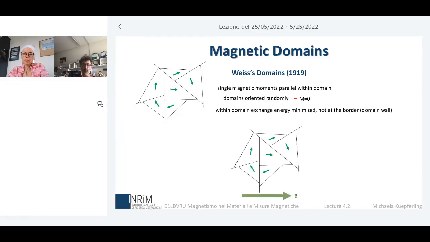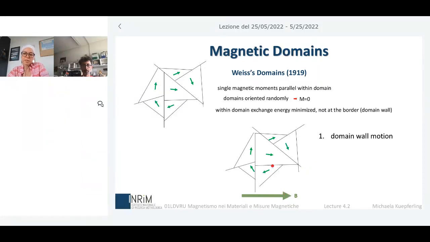If now we want to apply a magnetic field in a certain direction, then what will happen is that the domains that are already pointing more or less in the direction of the magnetic field that we apply, for example, this domain here in the middle, will enlarge. And this we call domain wall motion. You see now this region here is much larger. Of course, how much they enlarge depends on the strength of the field that I apply.